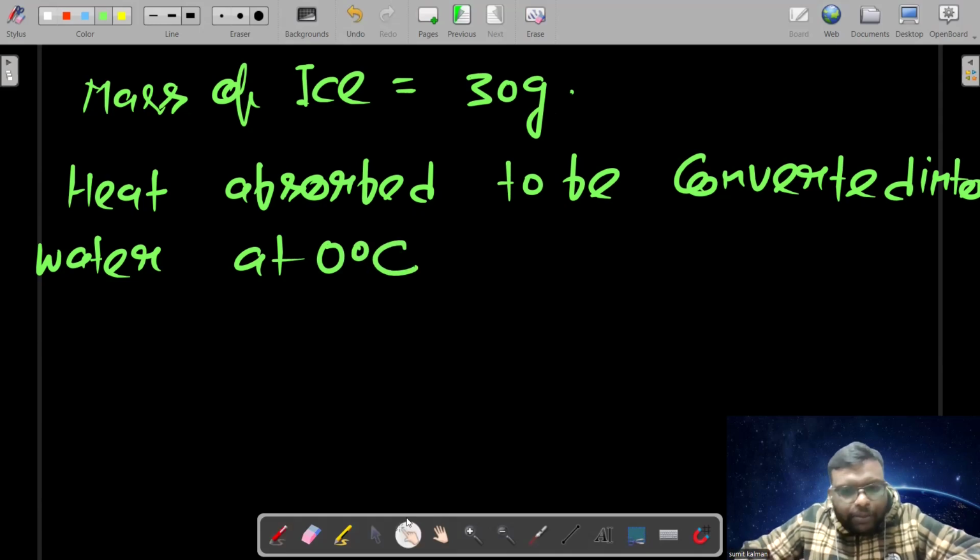Now, students, in this problem, we have to apply the principle of calorimetry.